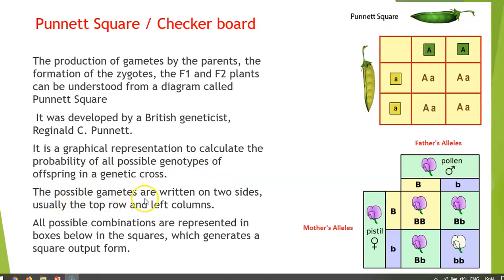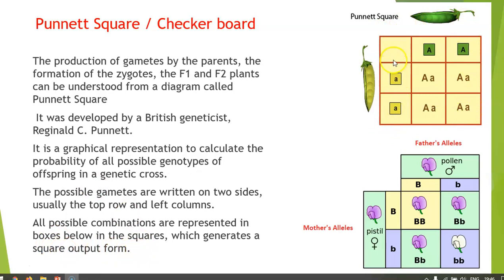The possible gametes are written on two sides, usually the top row and the left column. All possible combinations are represented in boxes below in the squares, which generate a square output form. Have a look here.